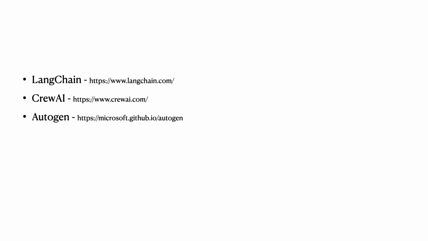These are some of the agent development frameworks. The first one is LangChain or LangGraph. Second one is Crew AI. Third one is AutoGen. We will cover some of the features of each.